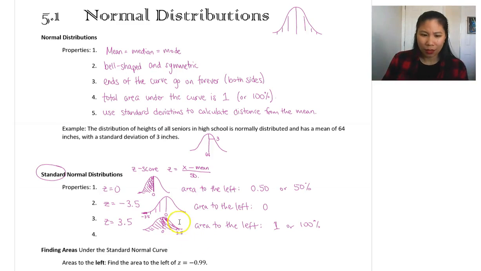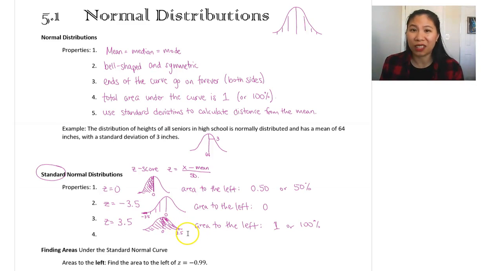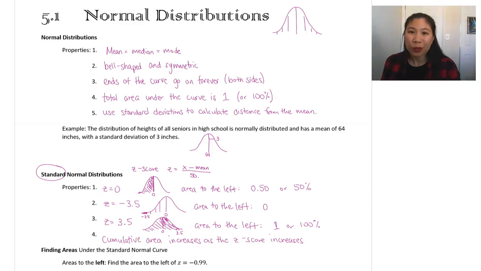Which also means that the area to the right of positive 3.5 has barely anything shaded, so that would be 0% again. So basically, as your z-score increases, that cumulative area underneath the curve, the shaded area to the left, also increases. The bigger the z-score you have, the bigger the area to the left.